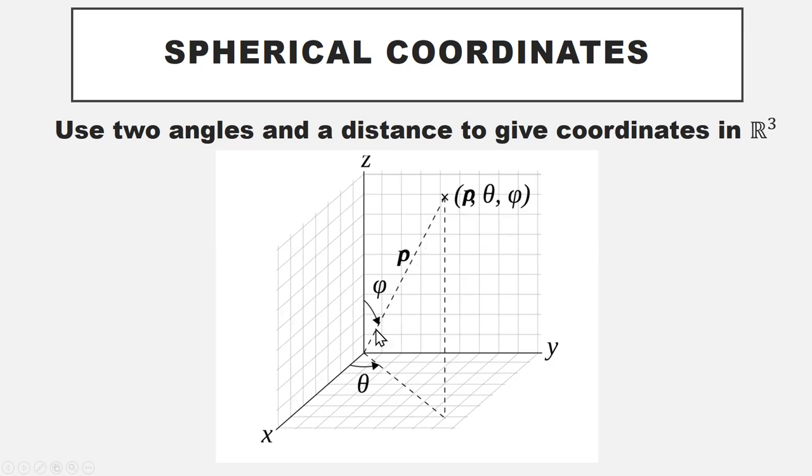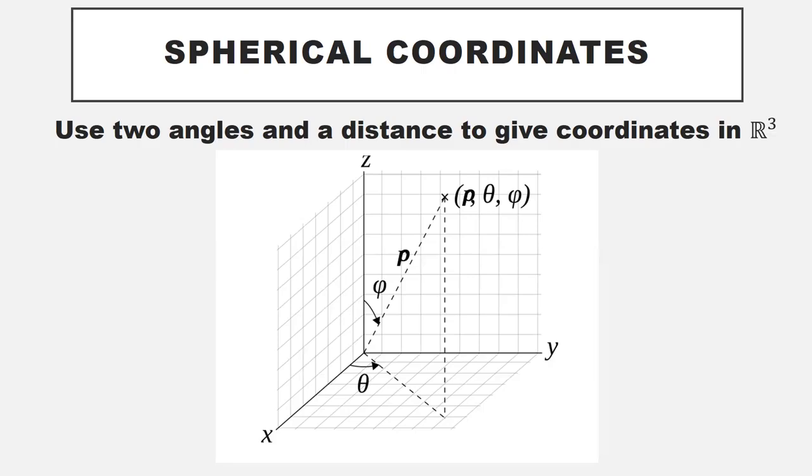That distance gives me the rho. Theta is from the x-axis. And then we hinge down to get the phi. So the phi is coming from hinging down from the z-axis. Again, kind of hard to see, but hopefully this picture does it justice.